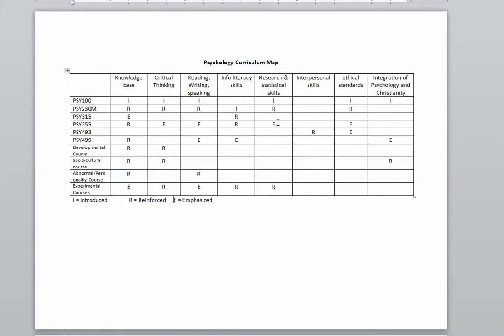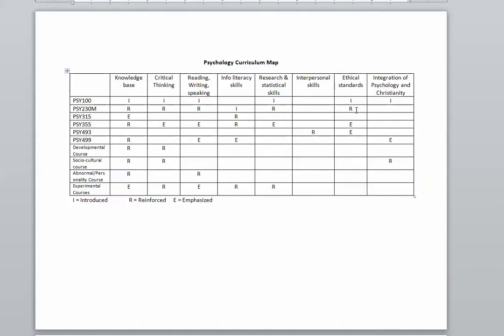The literacy skills, excuse me, the research skills, and then you'll notice here the interpersonal skills. This is what's beneficial about a curriculum map, to see what's going on for us. If we say that this is important, but we only have one area in our required curriculum where it is actually going to be assessed, that's a problem.